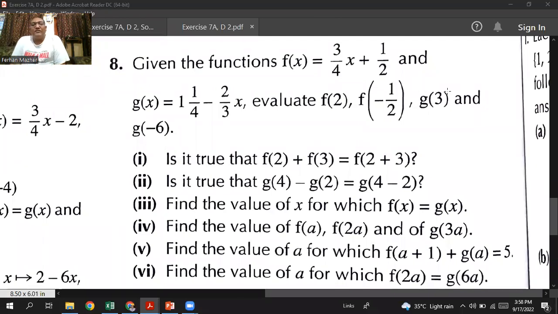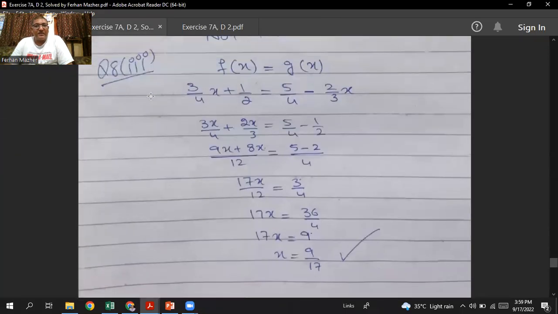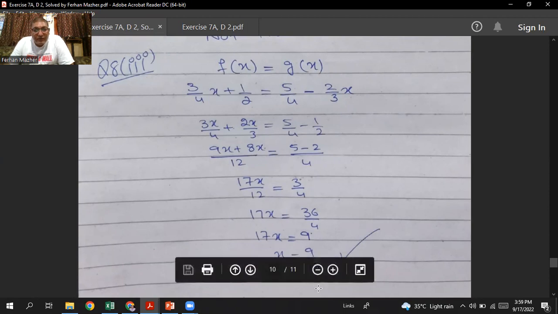It says find the value of x for which f of x is equal to g of x. Okay, so we will make both the formulae equal to each other, and here we go. So it's coming in front of you, and here we go.